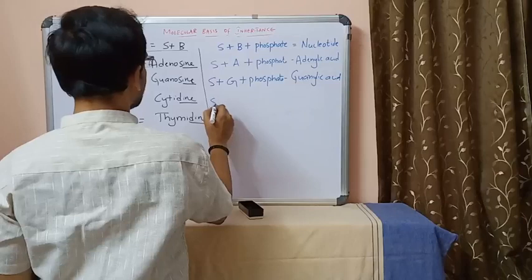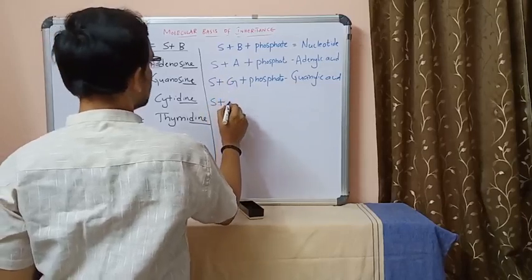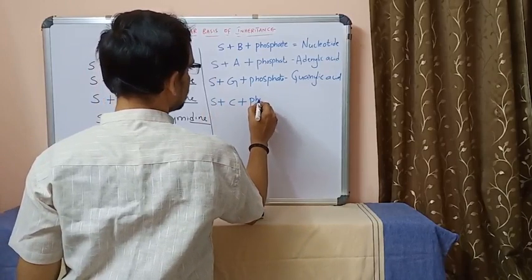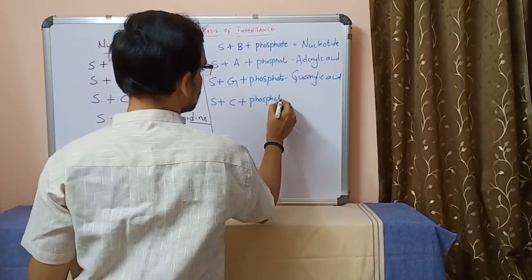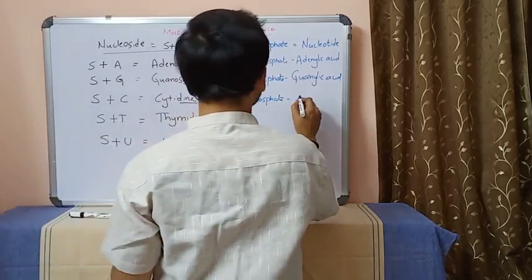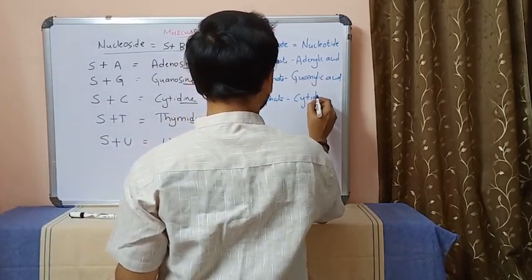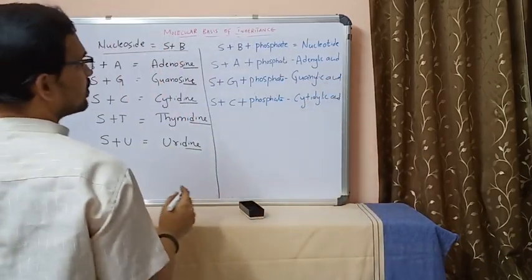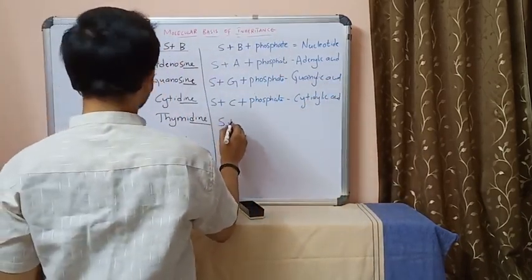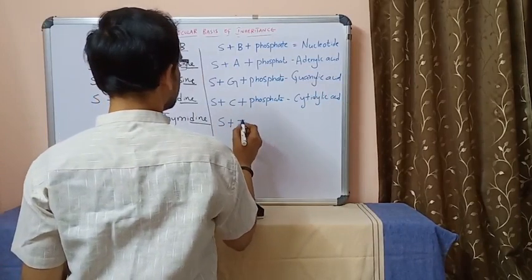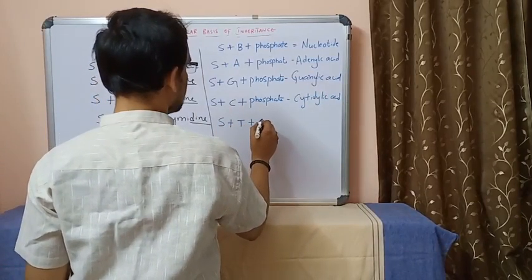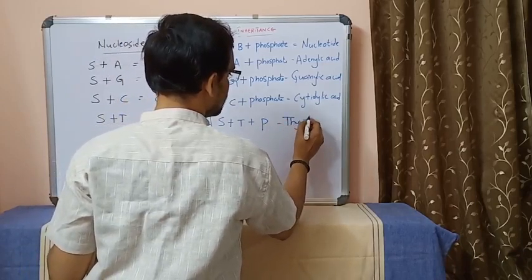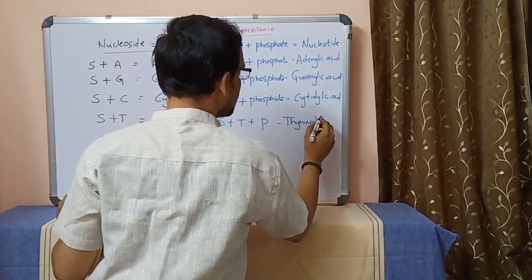Next, sugar plus cytosine plus phosphate, cytidylic acid. Sugar plus thymine plus phosphate, thymidylic acid.